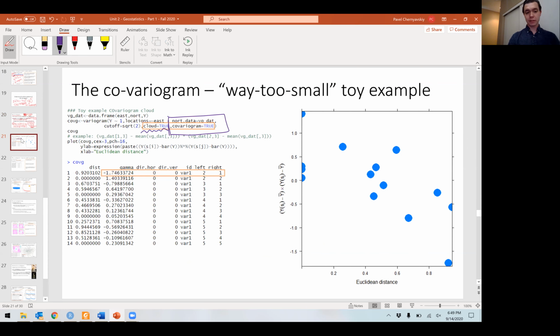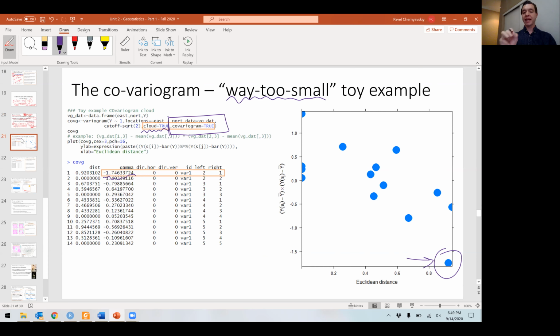So for example, right here on the bottom, we have a negative covariance when the distance gets very large. Do I really think that is reflective of something very interesting happening in the process? No, this is my way too small sample, so stuff is going to be very noisy here.